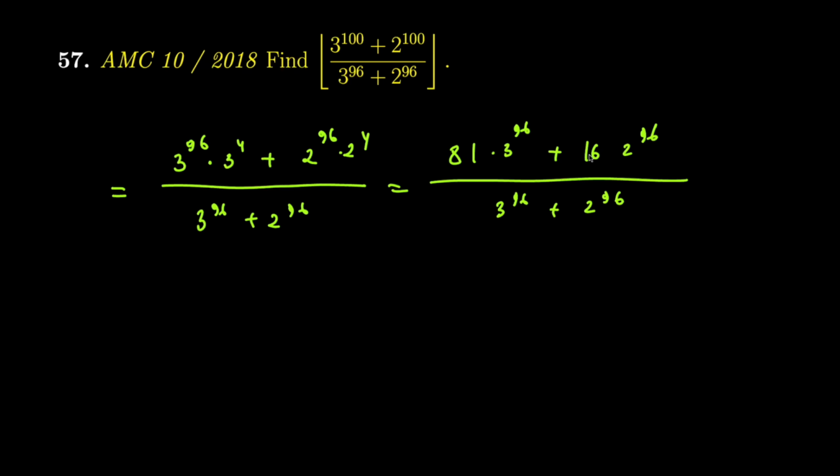If I want to simplify it, one way is to make it simplifiable. So let's write the 16 as 81 minus 65.